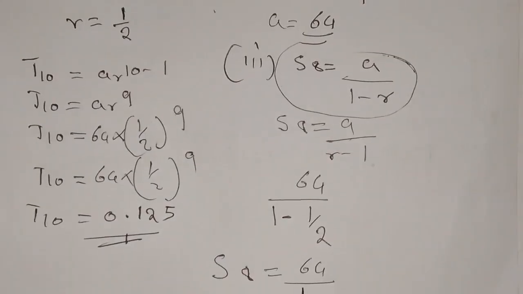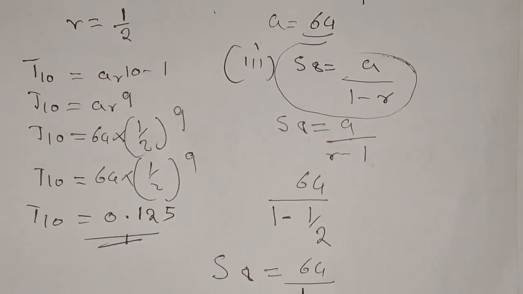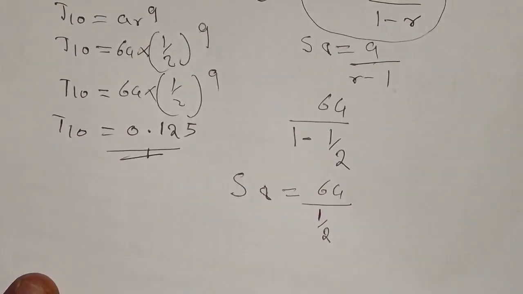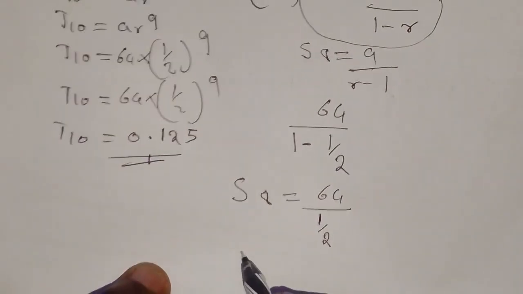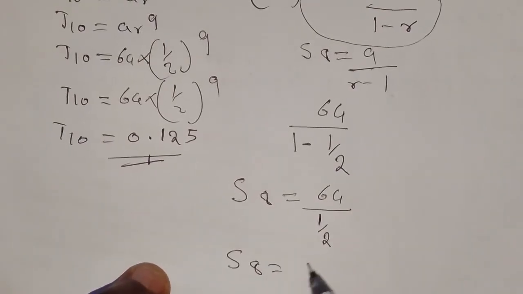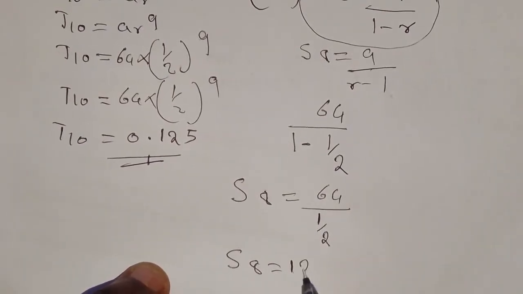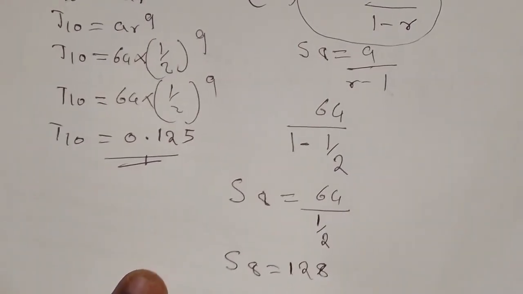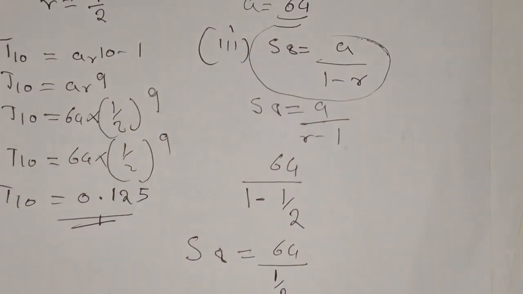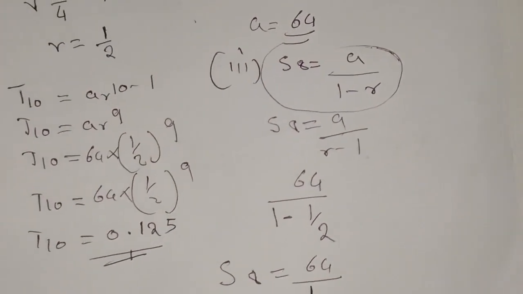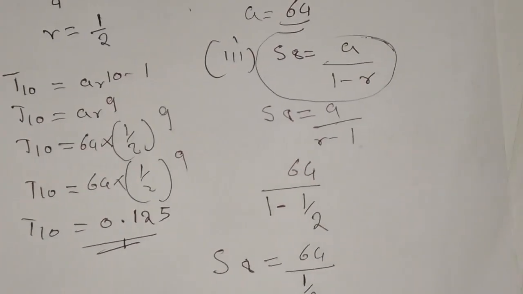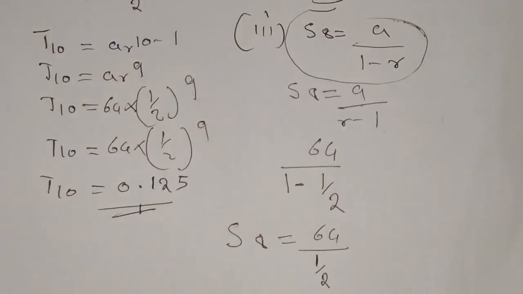Okay, so 64 divide 0.5. 64 divide 0.5, it will give you 128. So our sum to infinity is equals to 128. So these are the answers to our question on geometric progression, which is the one we were solving.